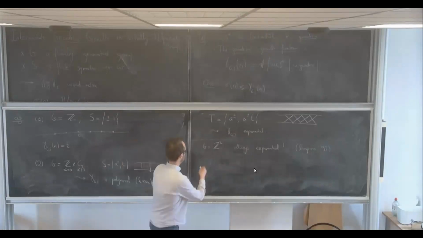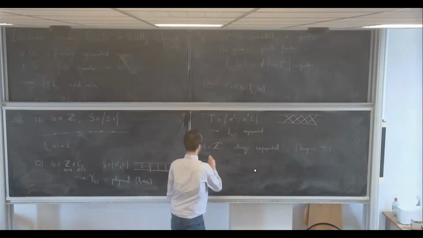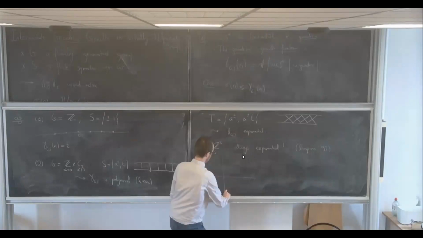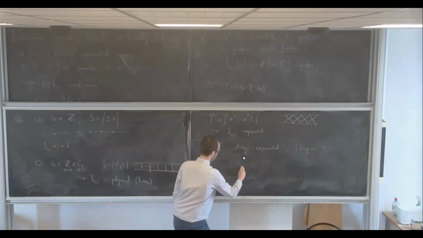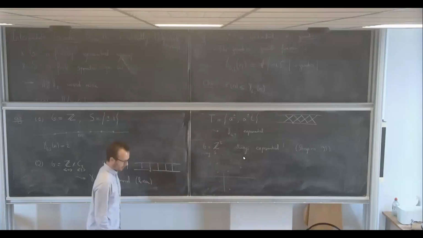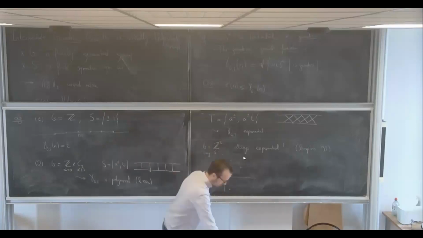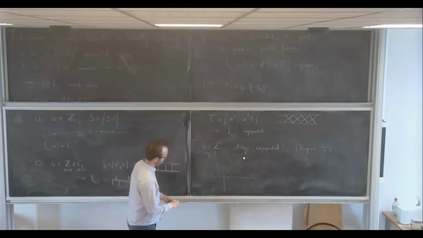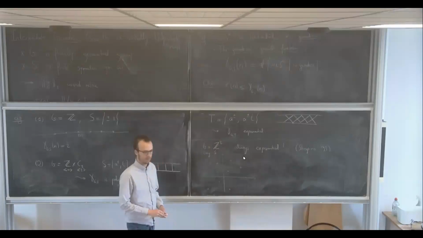Take any generating set S, any finite S. So picture S as a cloud of points. Try to make it symmetrical. So S, something like this. Then what I do is I look at the convex hull of the generating set.